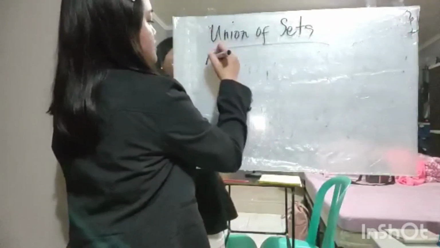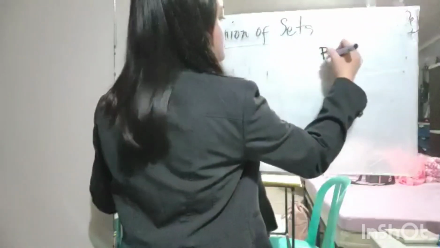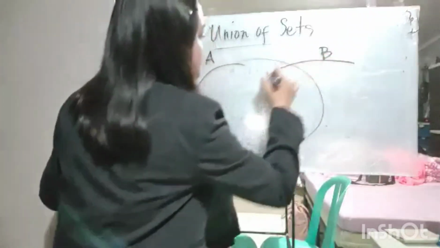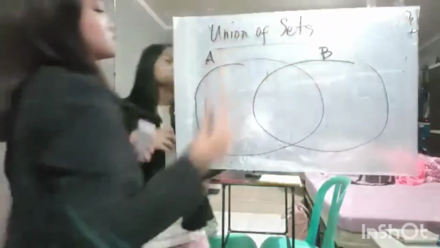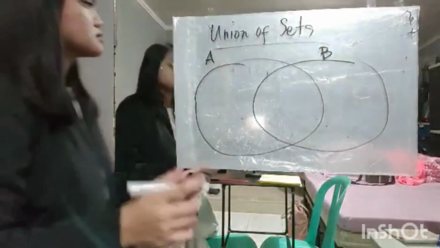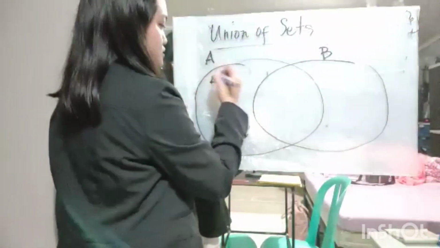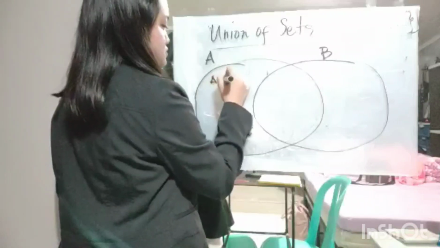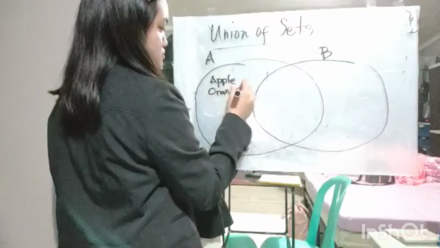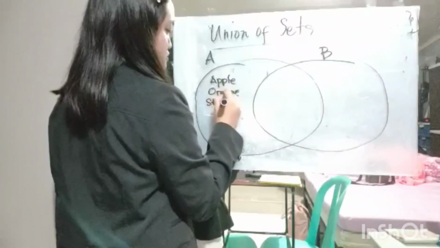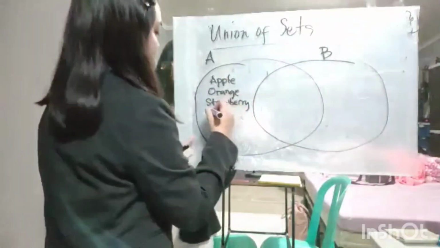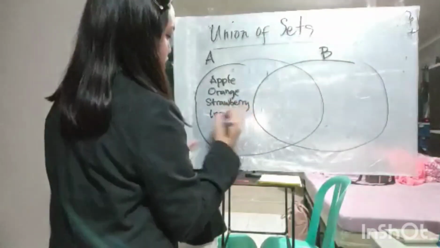So, for set A and set B, we must remember: apple, orange, strawberry, lemon, and avocado.